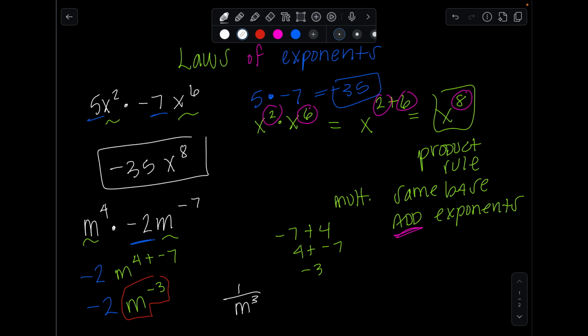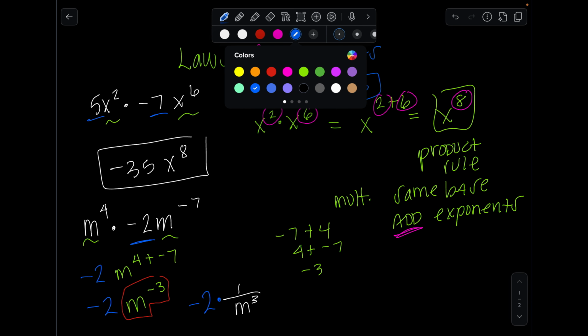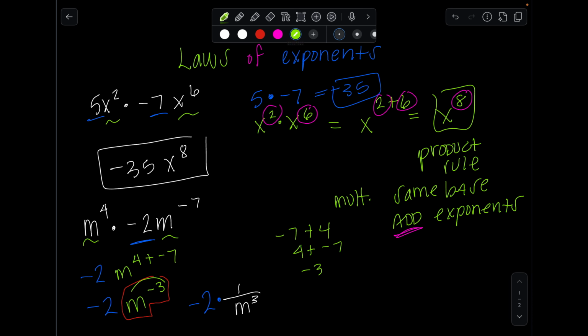Okay, so this is saying negative 2 times 1 over m cubed. So we don't write it like this, we write it like this. Let's give our final answer.